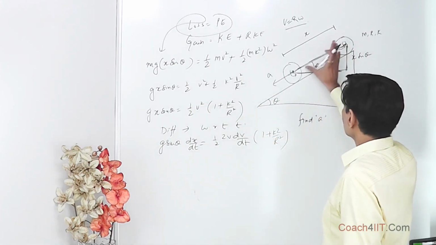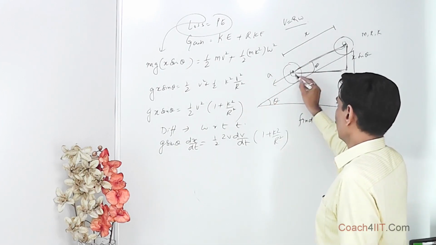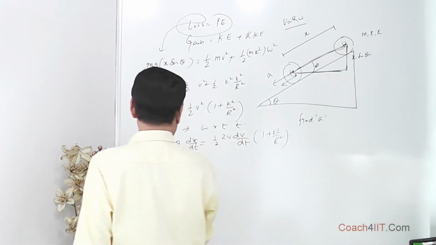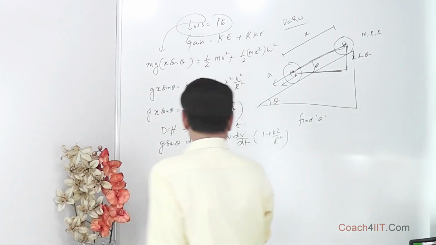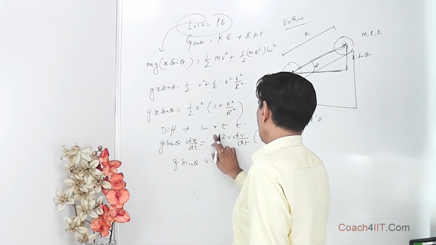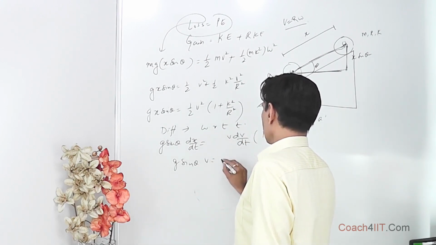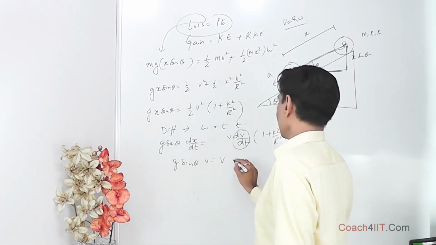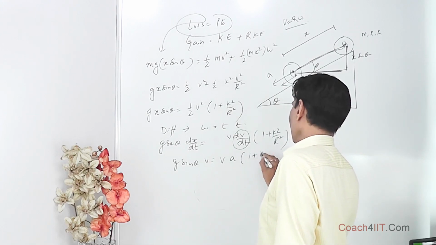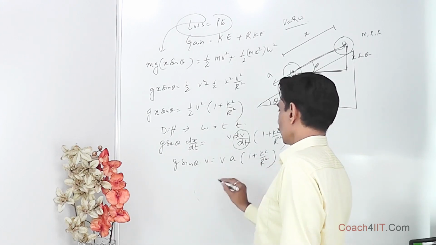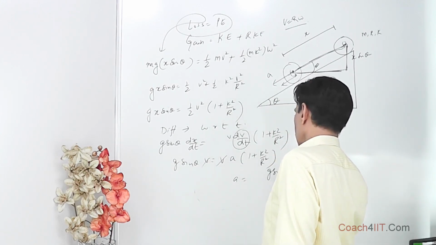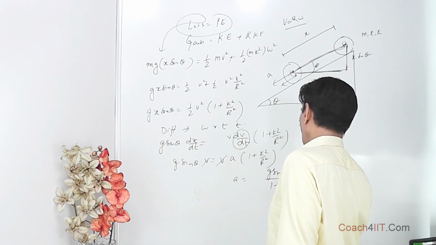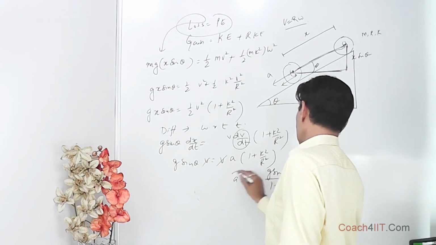It is how x is changing with time, that is the velocity. So dx by dt is v, and 1 by 2 and 2 get cancelled. So dv by dt is the acceleration, and v and v get cancelled. So a is equal to g sin theta over 1 plus k square upon r square.